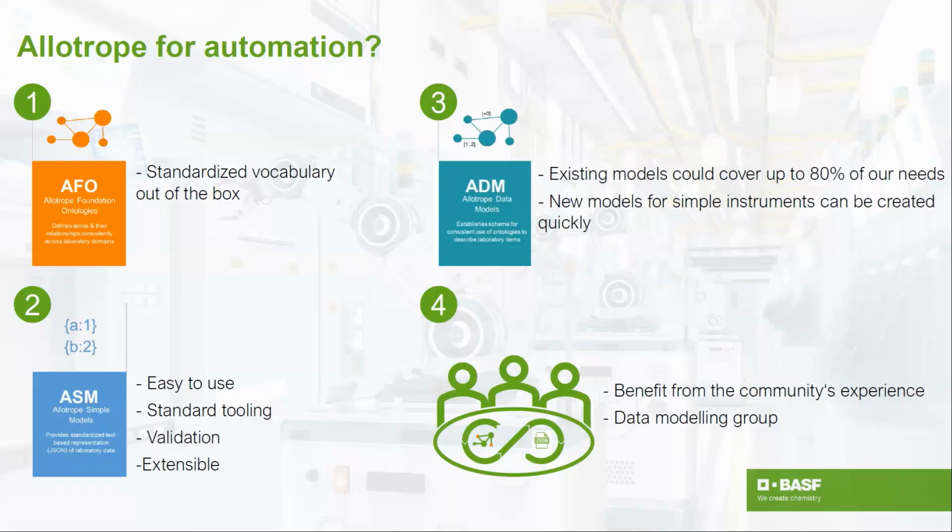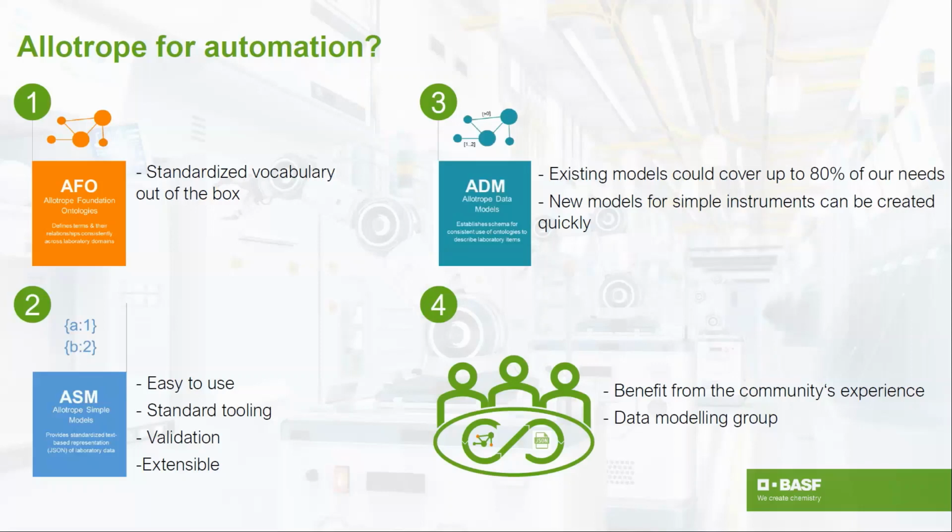The second point is that the ASMs themselves are really easy to use. They're based on JSON. They can be handled with standard tooling, and can be validated and are, according to the license, to some extent at least extensible. And those parts are really critical for us.